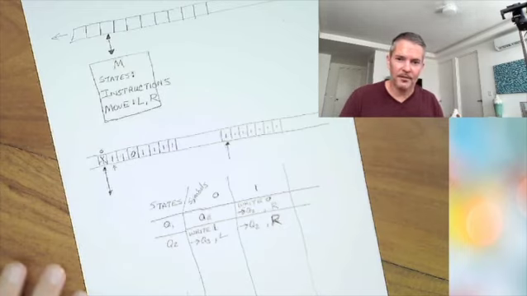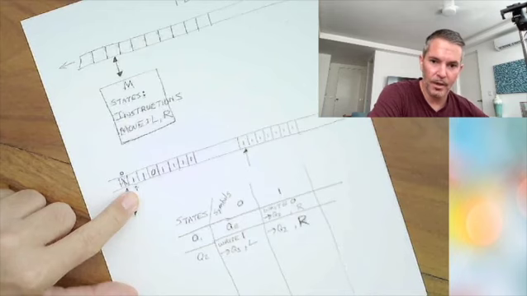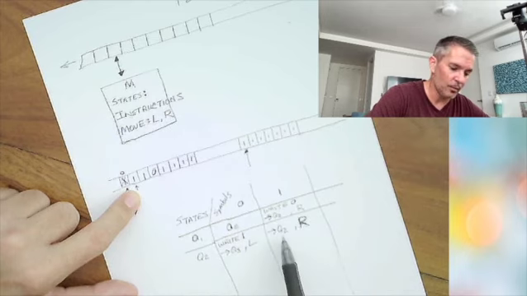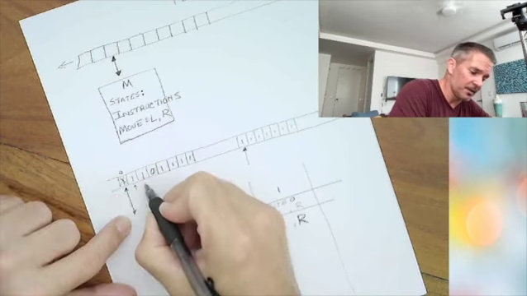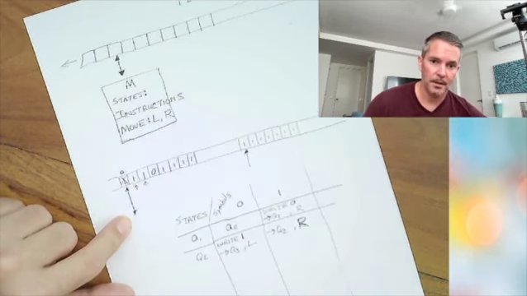So let's see what this looks like in state 2 as I continue with my tape. So right now I'm pointing at a 1. I'm in the state Q2. And when I'm in the state Q2, it says if I see a 1, all I do is stay in state Q2 and I move to the right. So here I am. I'm moving to the right. Now I'm pointing here.